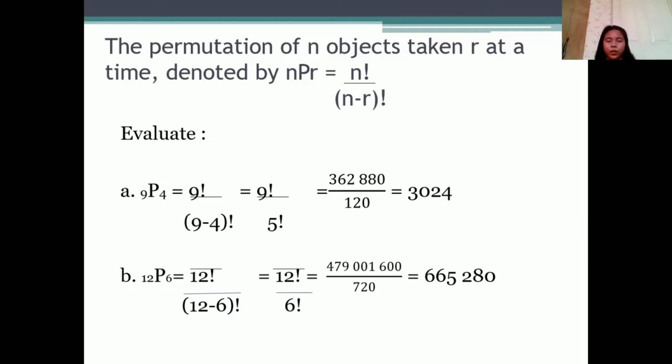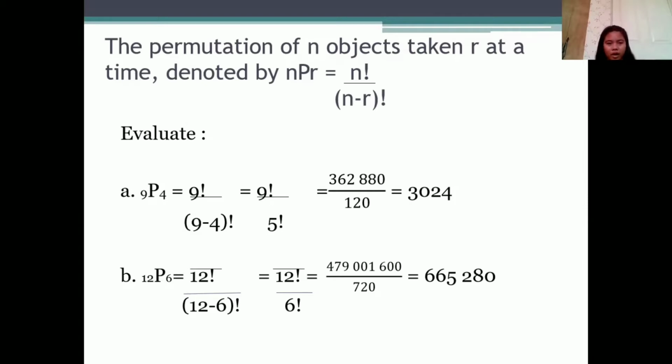So we are going to divide 362,880 by 120. That is equal to 3,024.